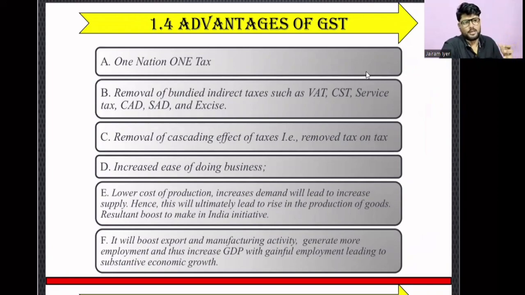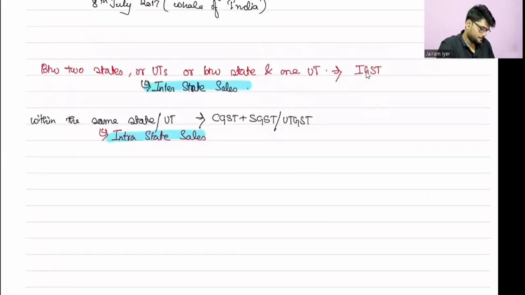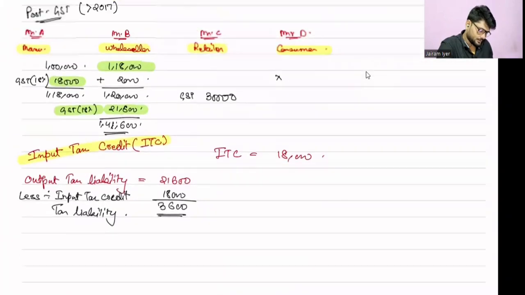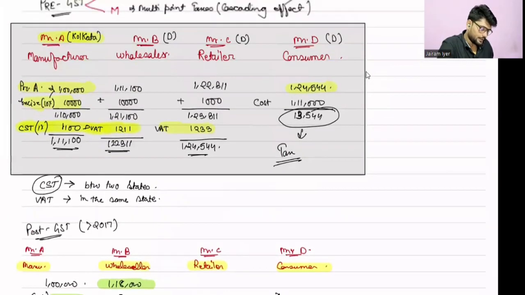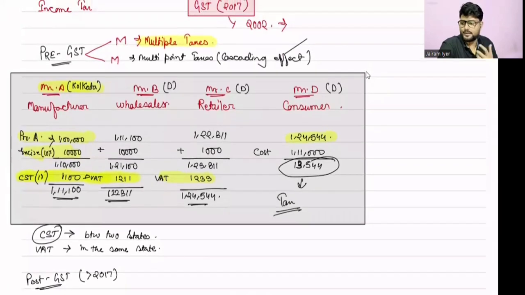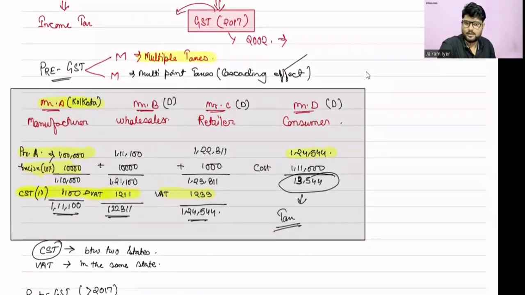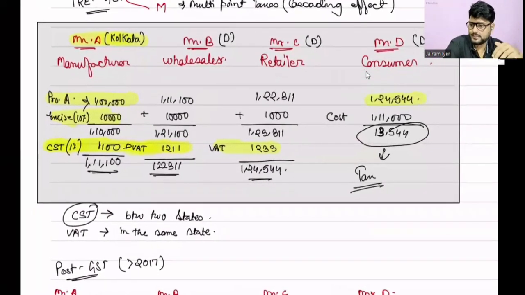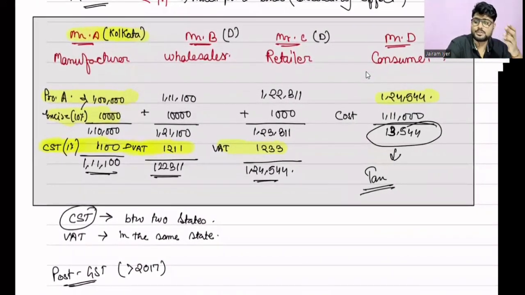If you remember the example that we saw, pre-GST and after GST, on manufacture a different taxability arises, on sale different taxes, and when it is between two states, then it is CST.